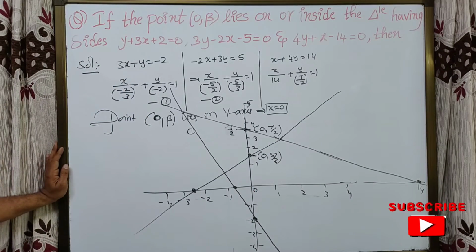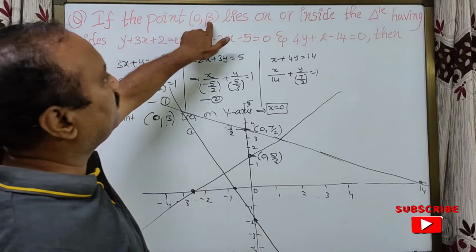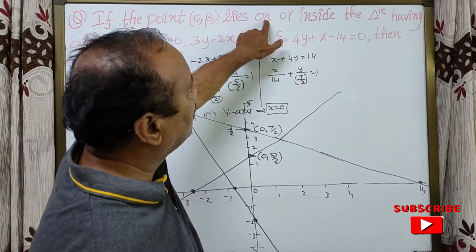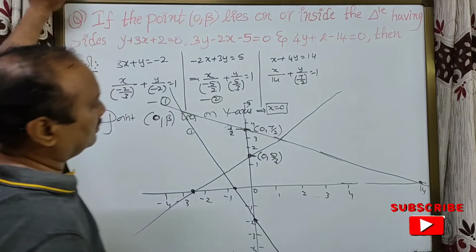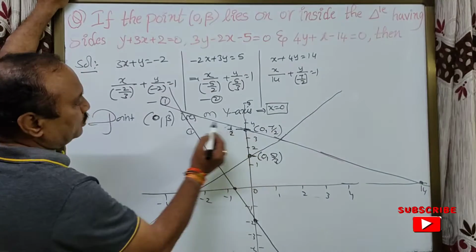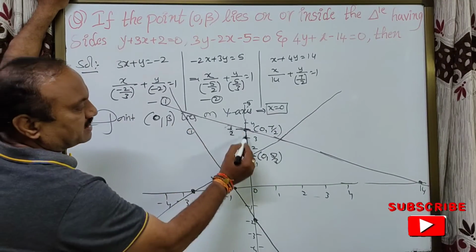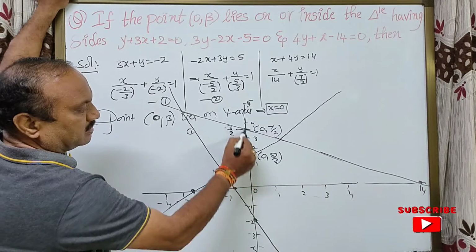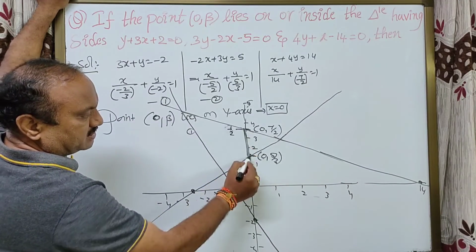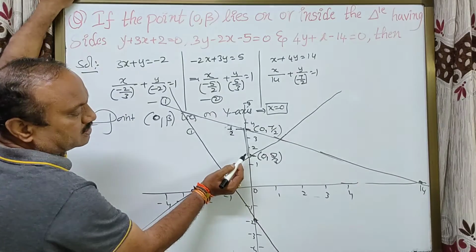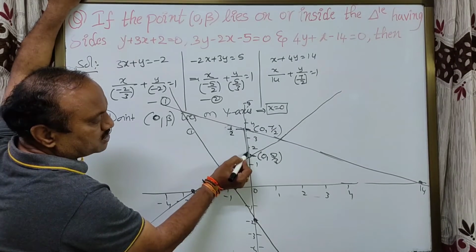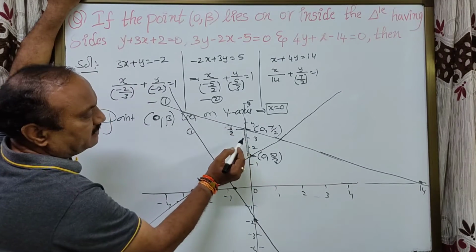What is given in the data? If the point (0, beta) lies on or inside the triangle. I told you (0, beta) lies on the y axis. That means on this line. So the point moves on this line inside the triangle.